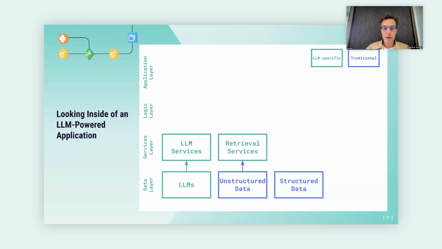But if we stay at that services layer, we can add on top of that retrieval services on top of that unstructured data. I mentioned RAG earlier, retrieval augmented generation. These are going to be services that use those techniques, right? Which are going to go and look up in some data store, a vector database or others, which is going to find some similarity between different vectors, meaning different text which has been embedded as vectors, to find an answer, to find text which is similar to the text in the question, and therefore is a likely answer to that question.